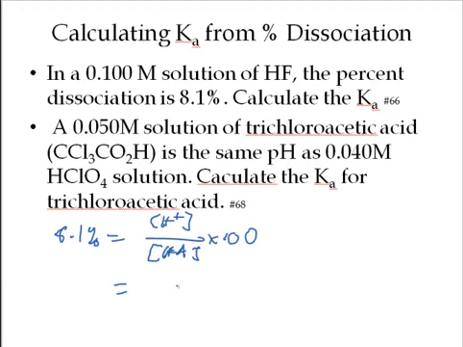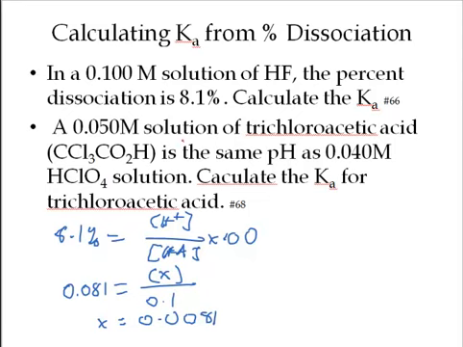When I divide both sides by 100, I get 0.081 equals the concentration of H+, which is now my X value, over my original concentration, which was 0.1, and then I get an X value of 0.0081. So that's my value of X.